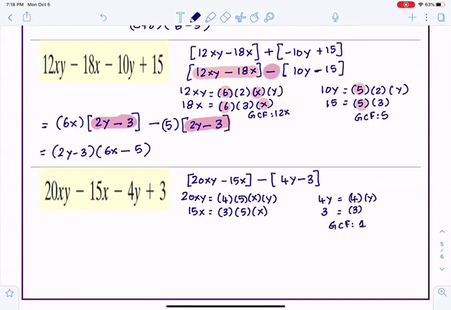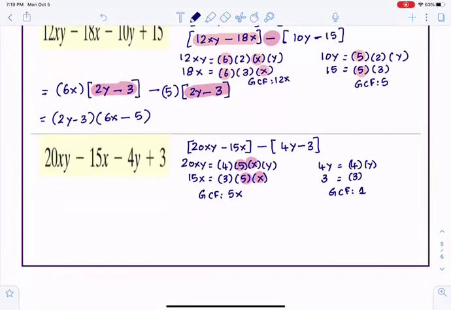And over here, the common factor would be 5x, or greatest common factor.